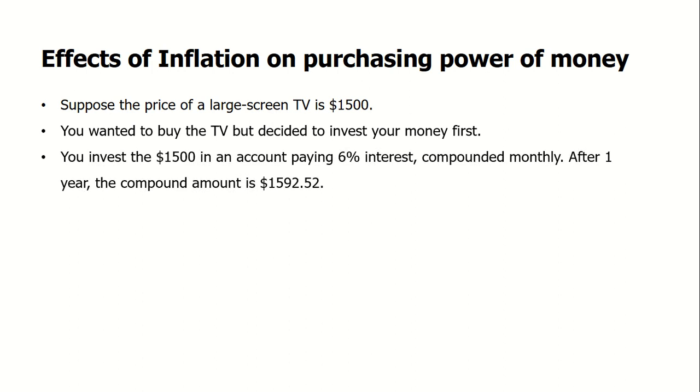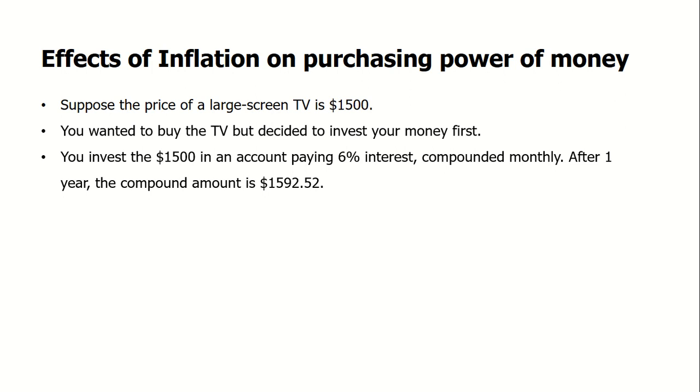So, for example, you invest your money in an account paying 6% compounded monthly. And if you do the math, after 1 year, your money will be $1,592.52.